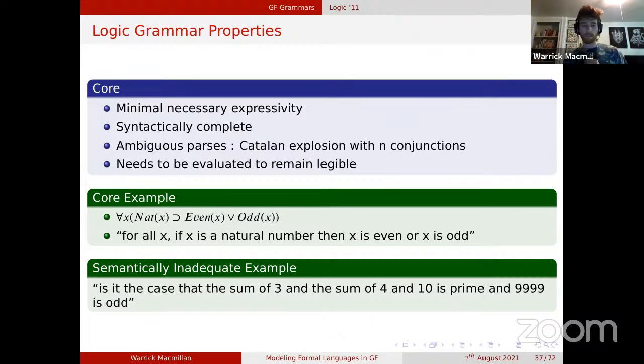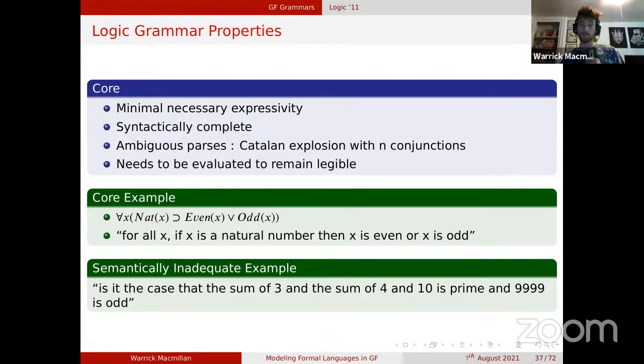And a semantically inadequate example from this core syntax would be something like, it is the case that the sum of 3 and the sum of 4 and 10 is prime and 9,999 is odd. That sentence probably didn't make any sense to you.